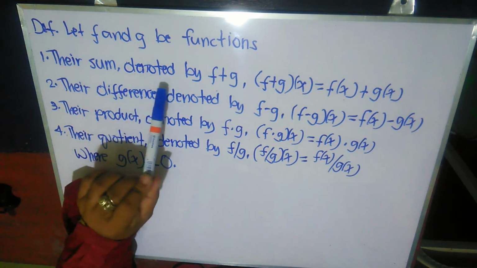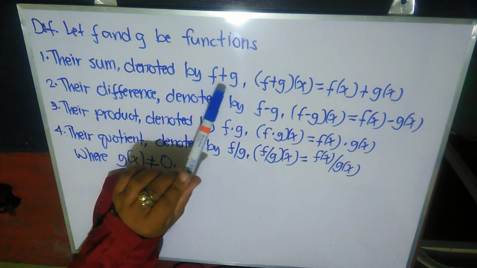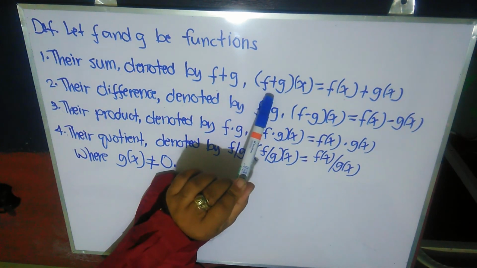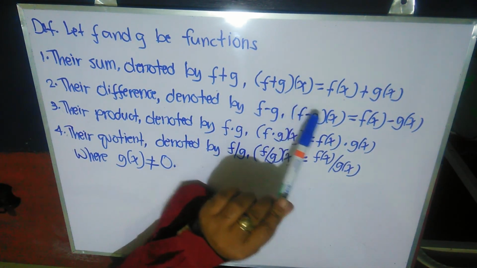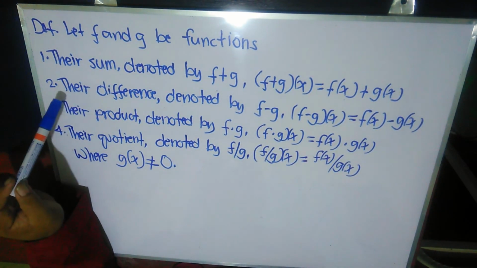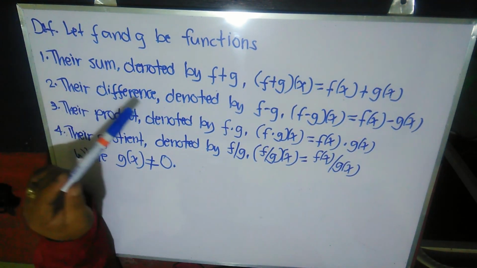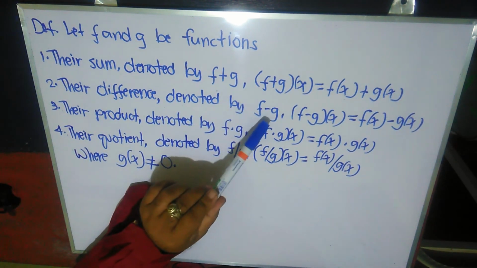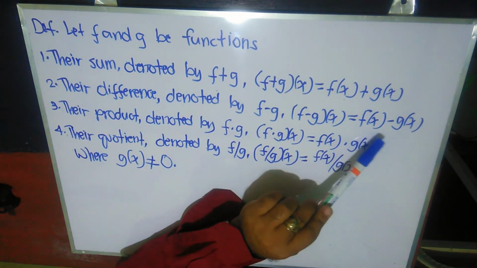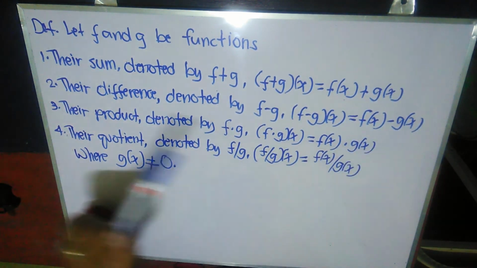Their sum, denoted by f plus g, is equal to the quantity f plus g of x, and that is equal to f of x plus g of x. Their difference, denoted by f minus g, is equal to f of x minus g of x.